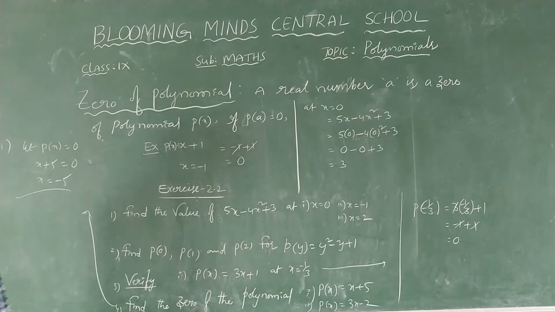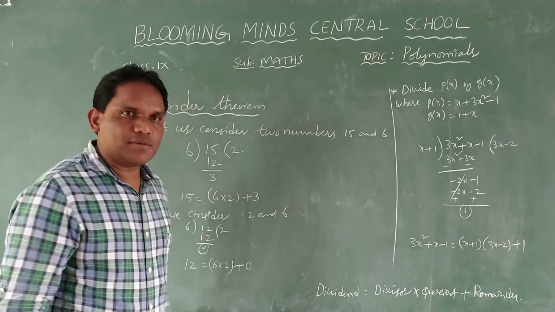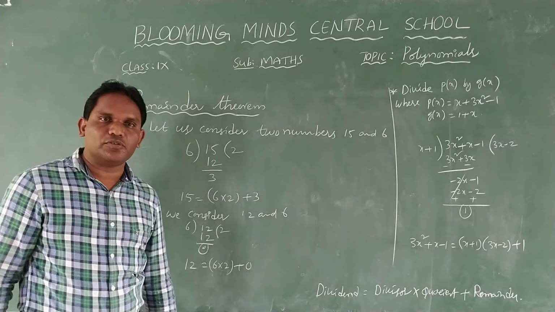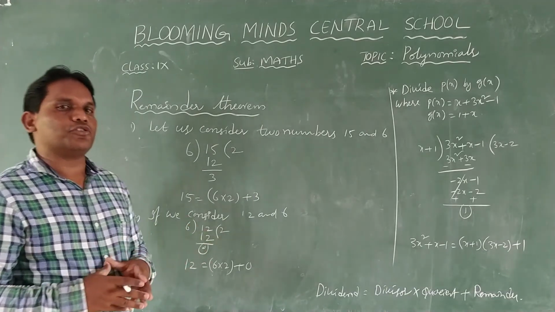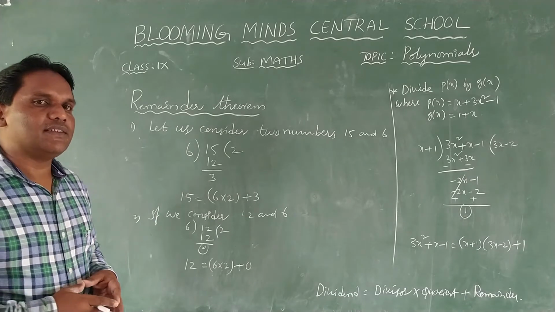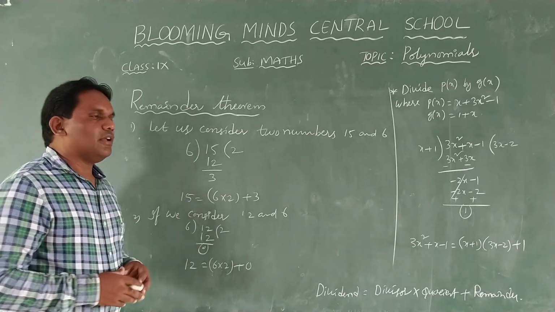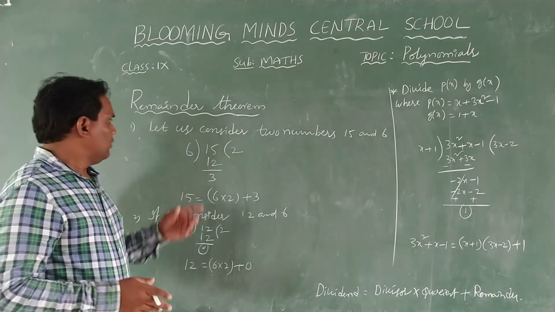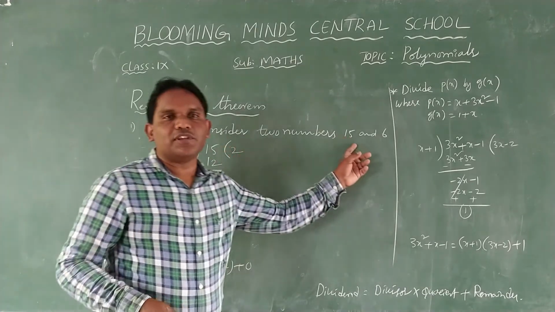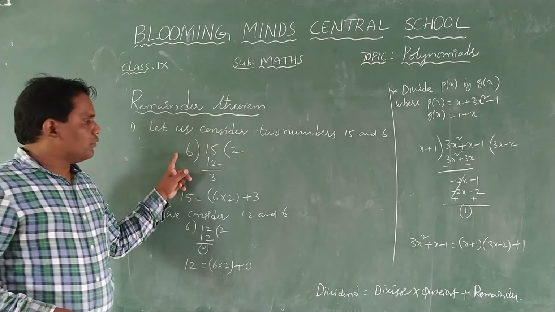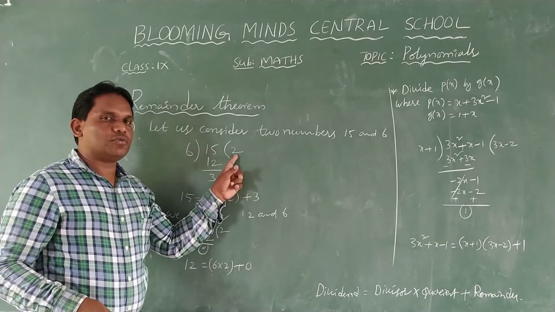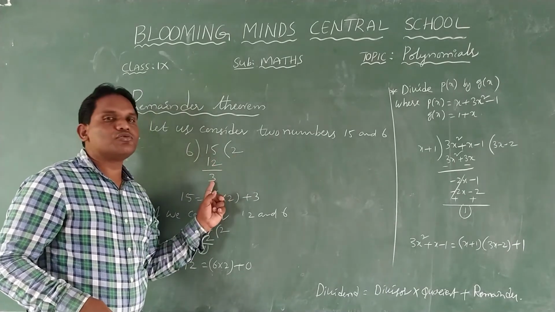Exercise 2.2. Now we discuss the remainder theorem. Before that, let us discuss division. Earlier in our third or fourth class we learned the division of any two numbers. Let us consider two numbers 15 and 6. 15 divided by 6 goes 2 times, 2 sixes are 12, and the remainder is 3.